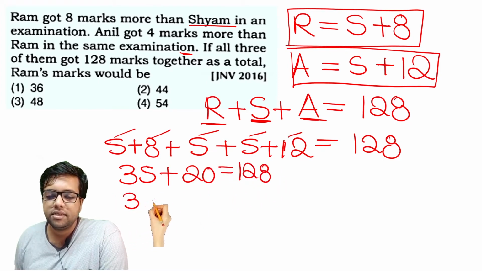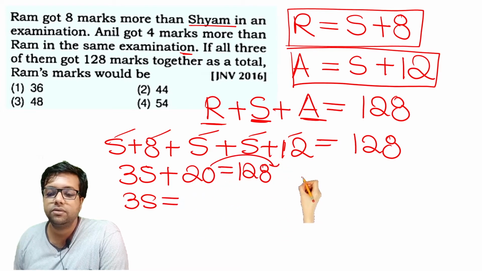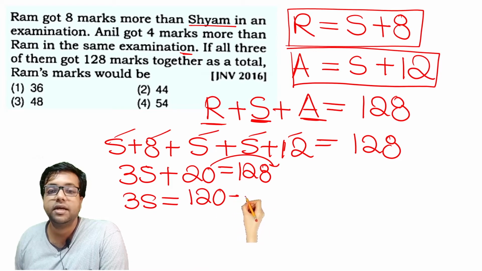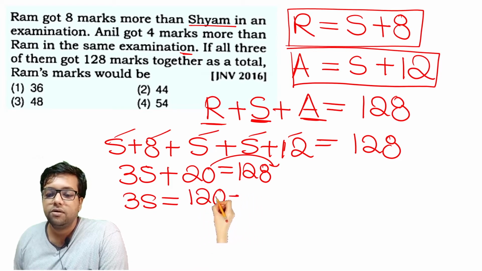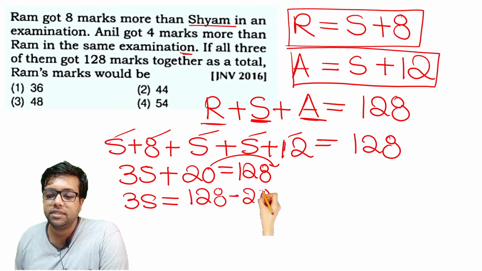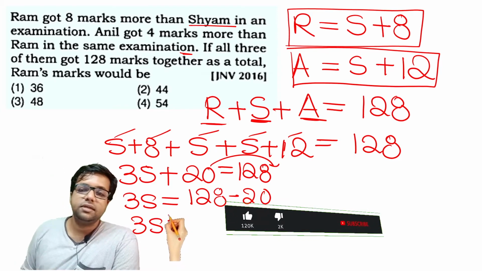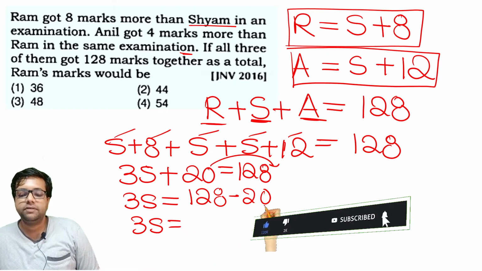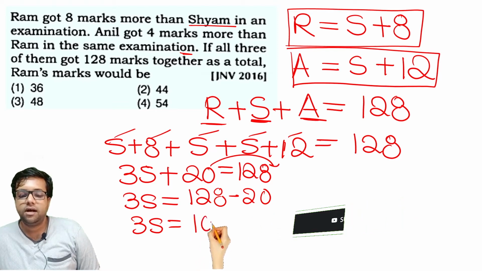So 3S is equal to, sending this 20 to the right hand side, it will be followed with a negative sign. Therefore you get 128 minus 20. So 3S is equal to 128 minus 20, which is 108.